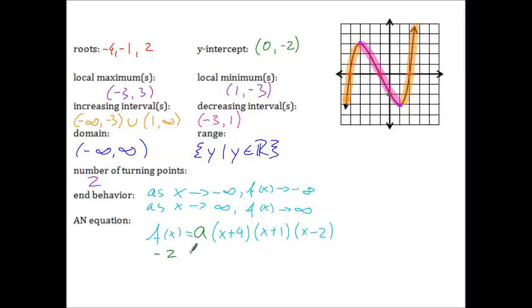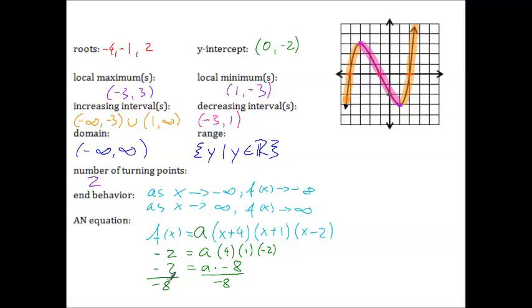So -2 is equal to a times (0 + 4), or in other words 4, times (0 + 1), in other words 1, times (0 - 2), in other words negative 2. So negative 2 is equal to a times negative 8, -8a.